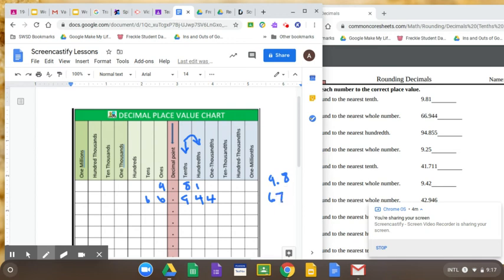You're getting rid of those decimals. So I'll show you guys one more. It says to the nearest hundredth for this one, and this one's 94 and 855 thousandths. So I've put it in the place value chart.